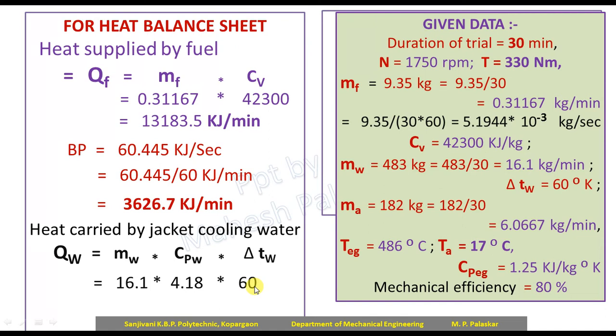When we talk about the change in the temperature, it may be in degree Kelvin or degree centigrade, it makes no difference. But whenever you take the ratio of the temperatures, you must take the values in degree Kelvin only. So you get the value of the heat carried by jacket cooling water as 4037.9 kilojoule per minute. Okay.